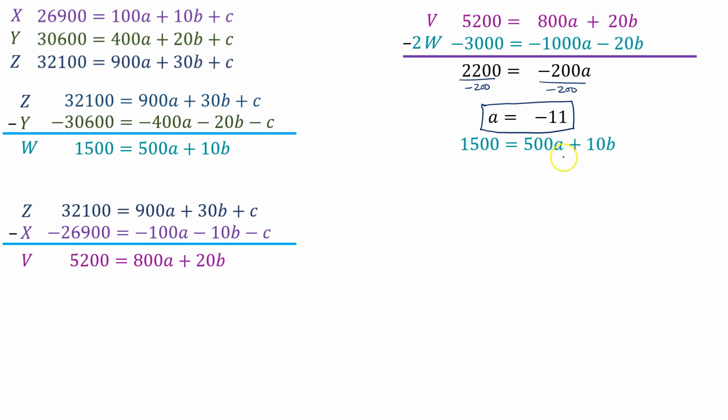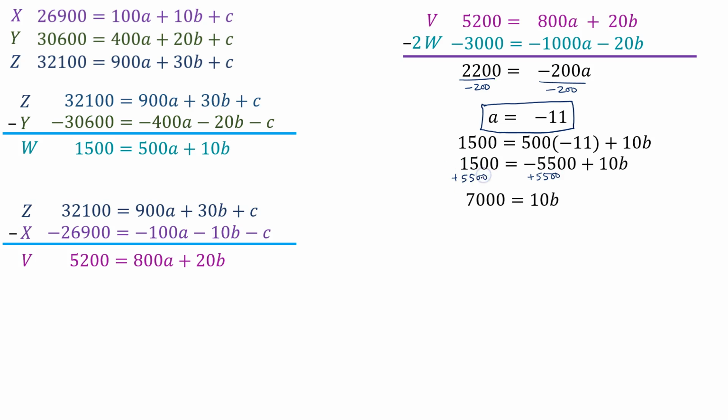Let's take this equation and we'll plug the -11 in for a and solve for b. 500 times -11 is -5500. We're going to add 5500 to both sides. We get 7000 equals 10b. Divide both sides by 10. And we get b equals 700.